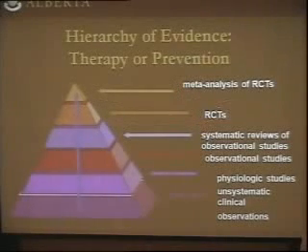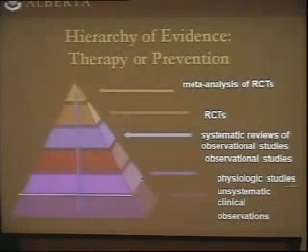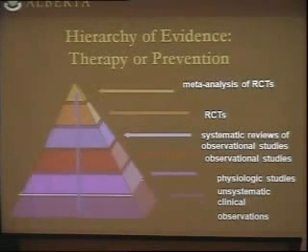Then good quality RCTs, and then systematic reviews of observational studies. Remember, the observational studies are case control, cohorts, and cross-sectionals. Then there are physiological studies, and then unsystematic clinical observations: case series, case reports, and things like that. Some people do put N of 1 studies at the very top of the pyramid now.